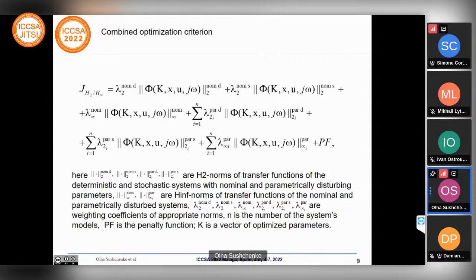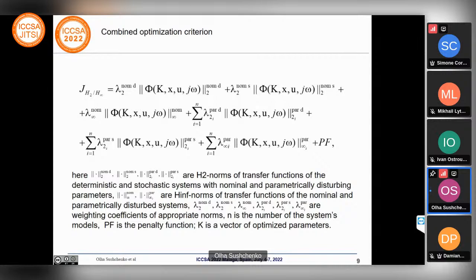Of course, the algorithm of this system designing is implemented in interactive mode. So the researcher must estimate results during the optimization procedure and change the degree of influence of indices connected with accuracy and robustness respectively.